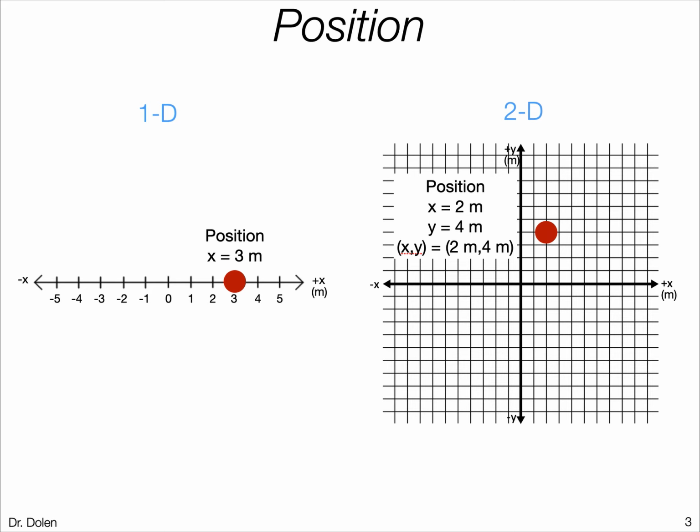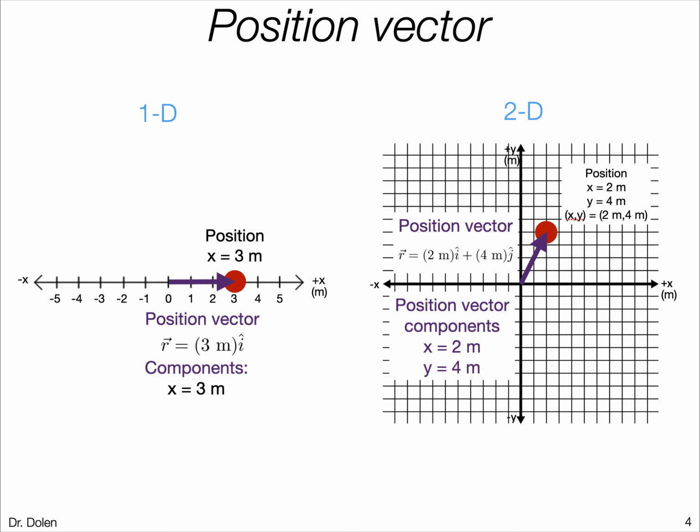Now we want to introduce the idea of a position vector. Right? A position vector is a vector which originates at the origin and points to where you're located. Okay, so it still requires us to define a coordinate system. So again, we're going to define the same coordinate system in one dimension. We define an origin, we define a plus x direction, and my position vector is again just going to start at my origin and point to where my location is. The magnitude of this vector is going to be how far away I am from the origin.